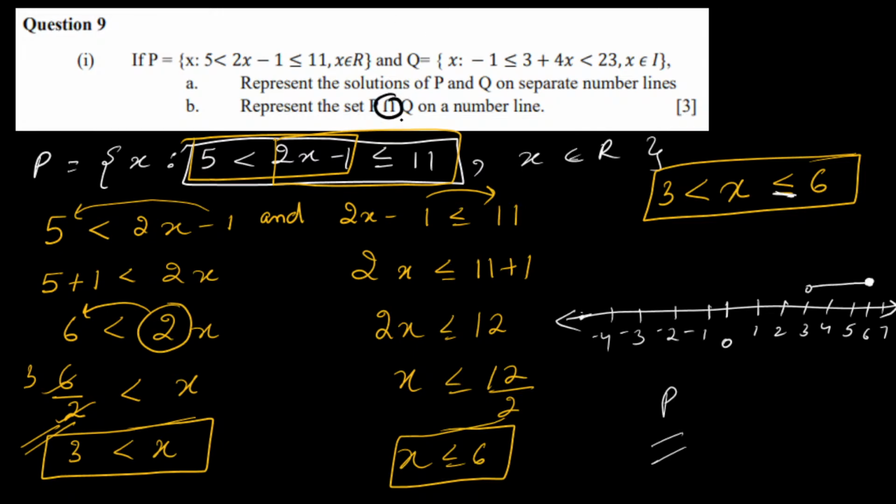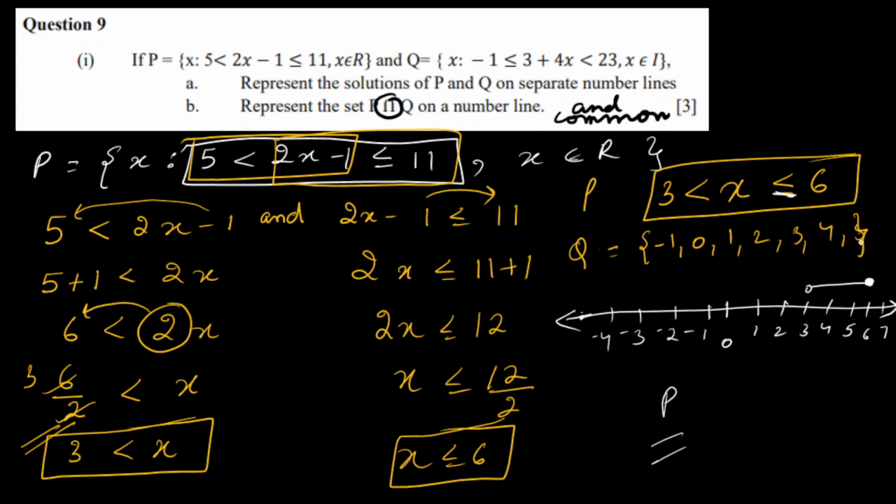Intersection actually means and. Intersection means the common part, something which is present in both. If you see, this is the solution set of P, and the solution set of Q is -1, 0, 1, 2, 3, 4.